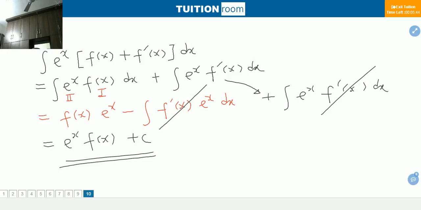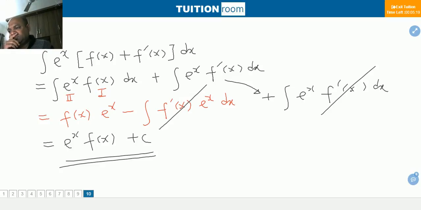Now I'm going to solve some problems based on this. So our question is the integral of e raised to power x times 1 plus x upon 2 plus x whole square. Suppose we have to solve this problem.